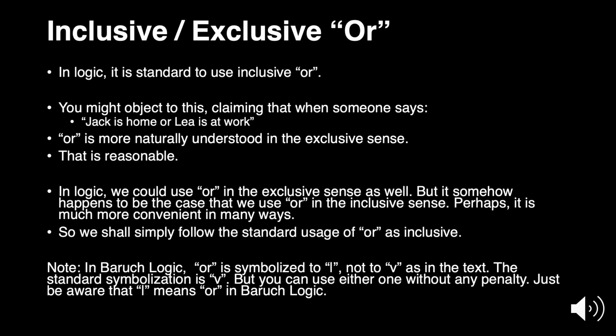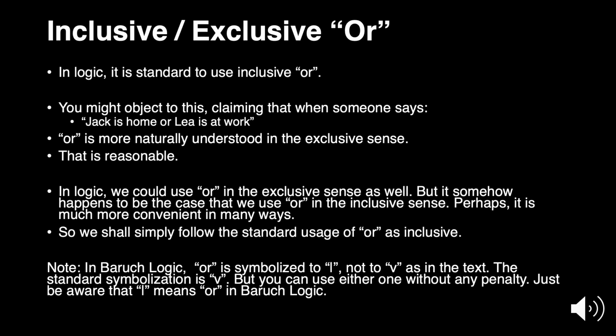Now, there was some crucial error in Baruch logic. Or is symbolized with this bar symbol, not the wedge. In most textbooks, you'll find the wedge symbol for disjunction, or. But for the purpose of this course, you may use either one without any penalty.